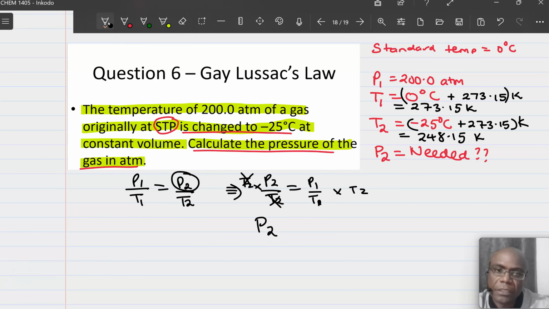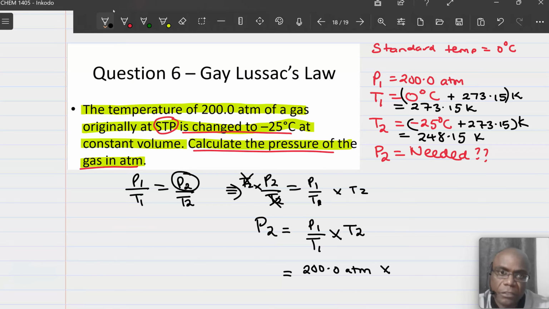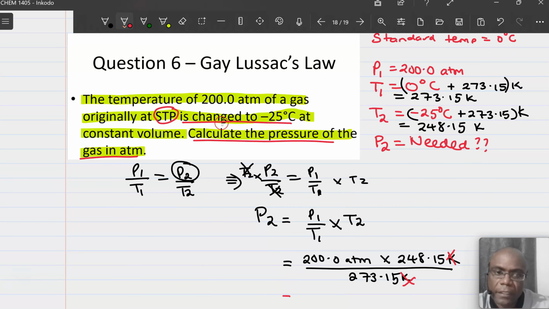So final pressure P2 is going to be equal to initial pressure P1 divided by initial temperature T1 in Kelvin, times final temperature T2 in Kelvin. P1 is given as 200 atms. T2 is 248.15 Kelvin, and then T1 is 273.15 Kelvin. So doing so, the K and the K will go, and we do the math.